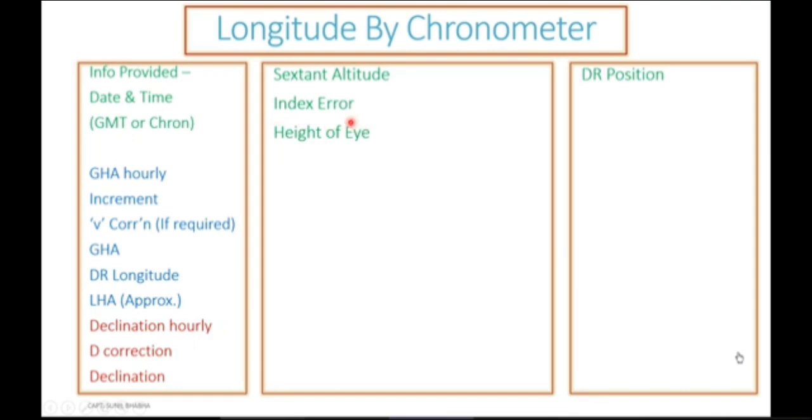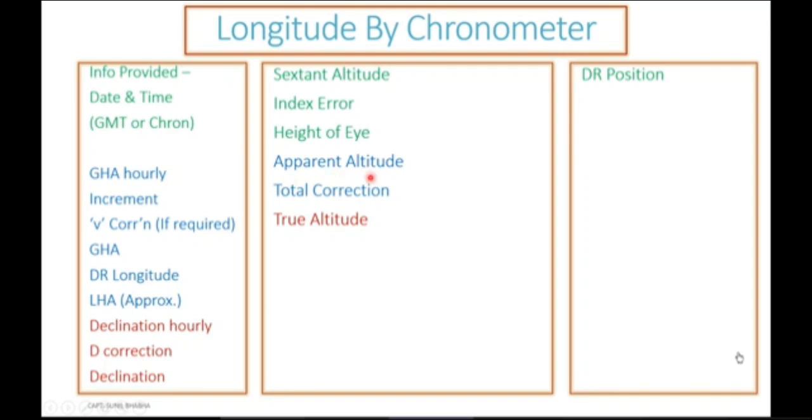If it is on, you put it off. If it is off, you put it on. Then we apply the height of eye using the dip correction. The dip correction is always negative, obtained from the table given on the first page of the almanac. And once these two corrections are applied, we obtain the apparent altitude of the body.